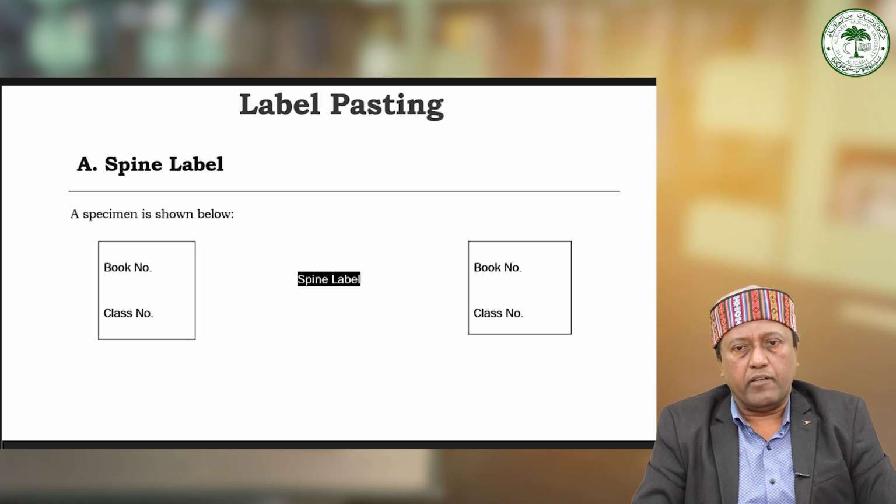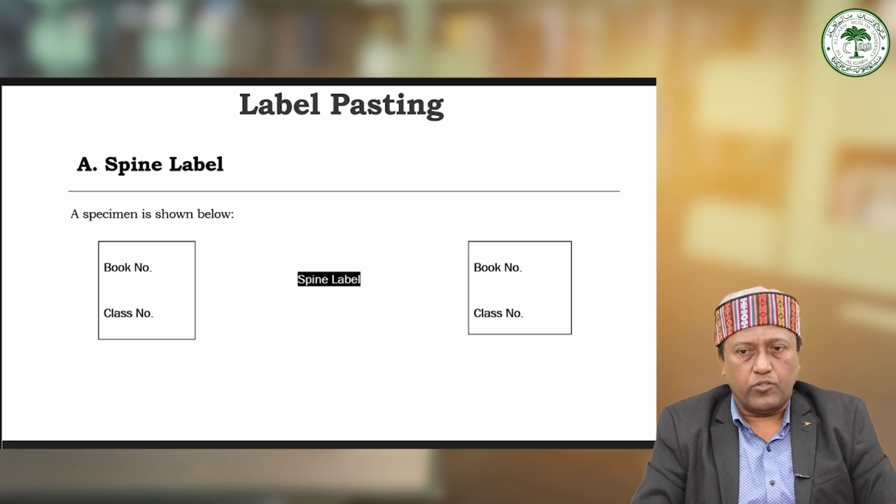So these labels are carefully affixed to the bottom portion of the book's spine, positioned 1 inch above the base. The placement ensures that the call number, which is essential for locating the book, remains clearly visible to readers when browsing the shelf. In case the width of the book is insufficient to accommodate the spine label, maintaining symmetry is essential.